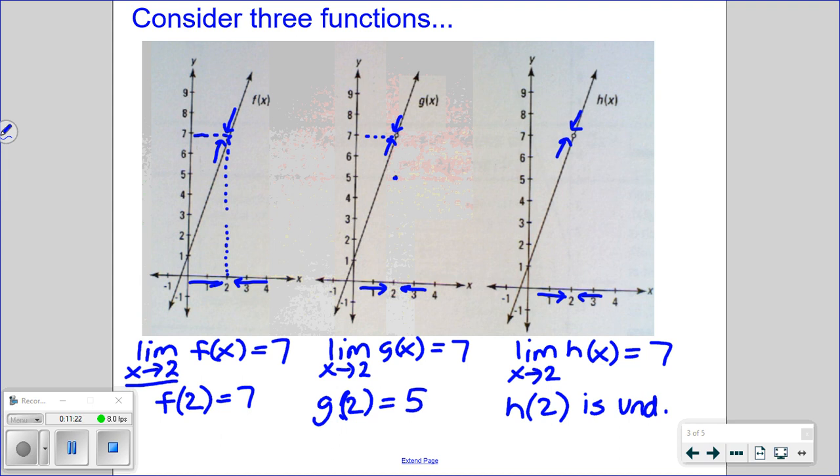And then for the third graph, the limit exists, it equals 7, but h of 2 is undefined. So the only point I'm trying to make here is that the limit can still exist even though it doesn't equal the function value, and even if the function value is undefined. You can still evaluate the limit.